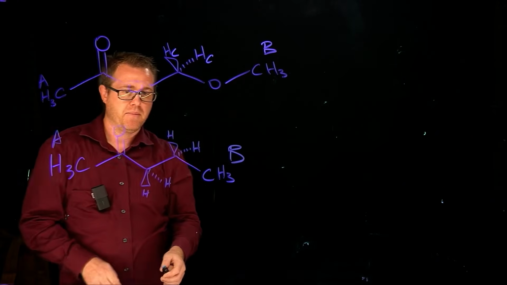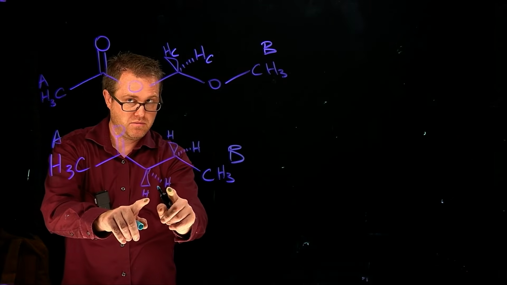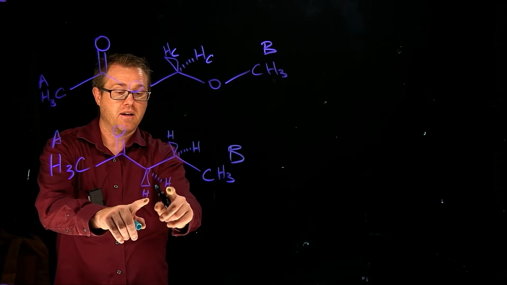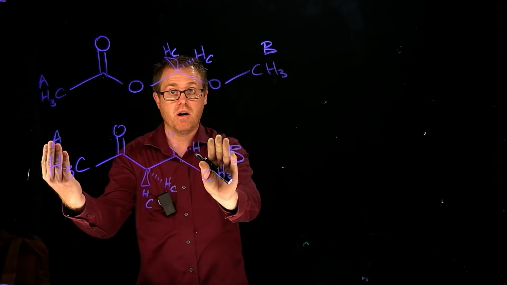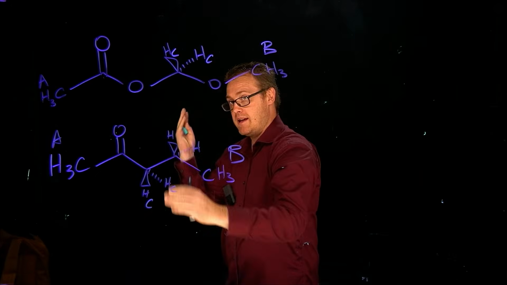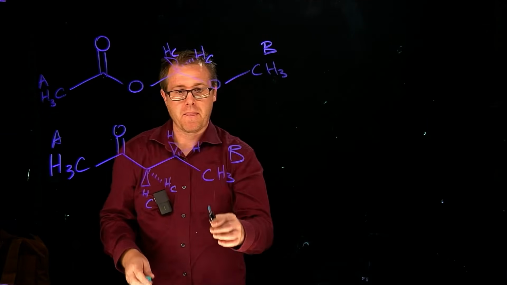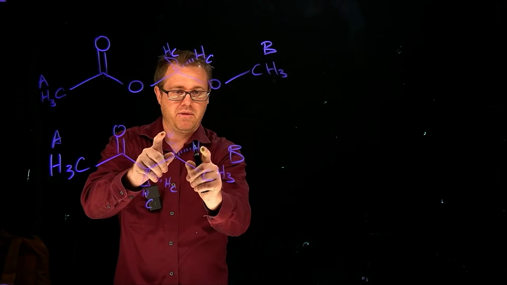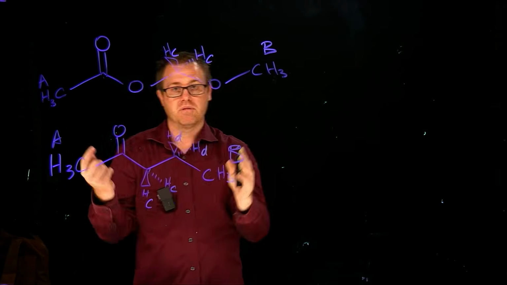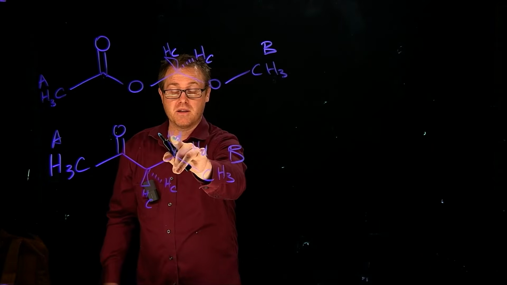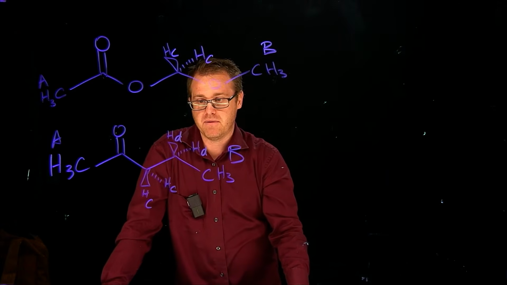A, B. These two protons, what's the relationship between those two? You're going to see that they are enantiotopic. So they're equivalent. If you take that whole molecule, rotate it 90 degrees, and look down it, you're going to see that there's a plane of symmetry. What's the relationship between these two? The same thing. Plane of symmetry, those two are enantiotopic. They're going to be equivalent.